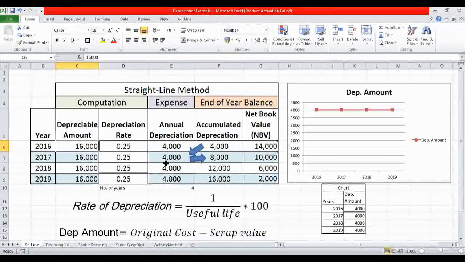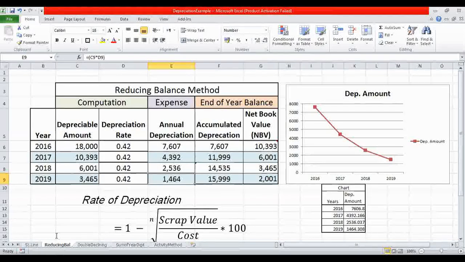The straight line method is used basically on those machines and plants where we expect that these property, plant or equipment are going to be used every year by the same percentage.